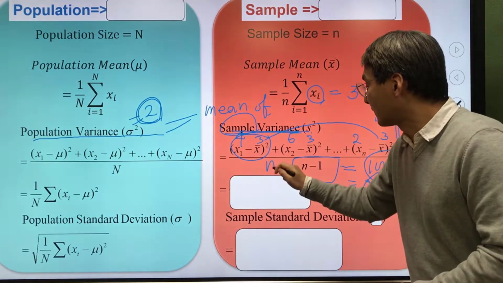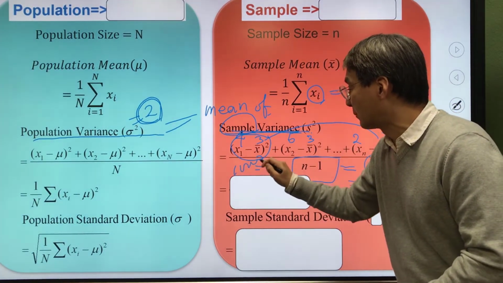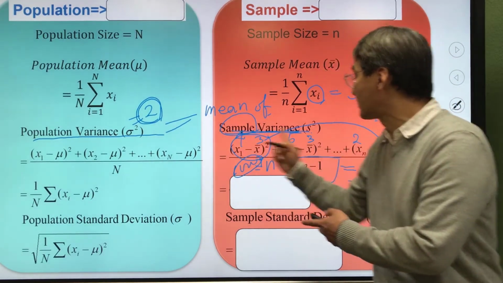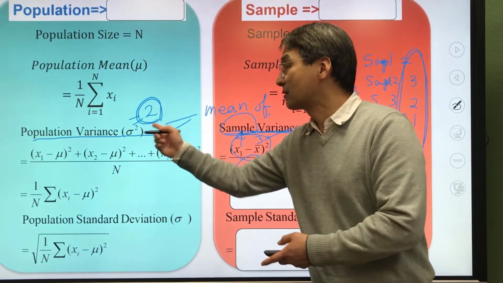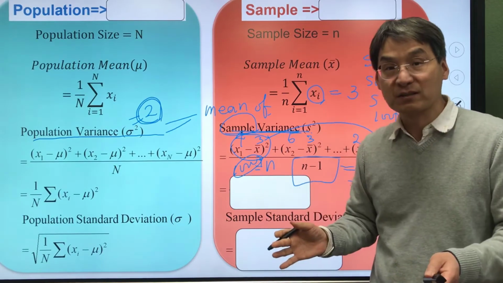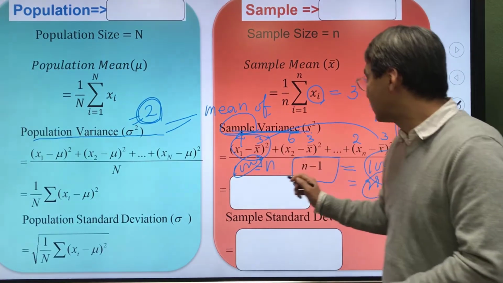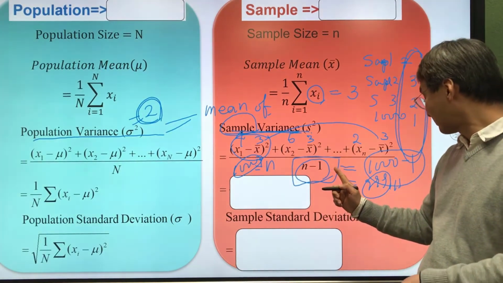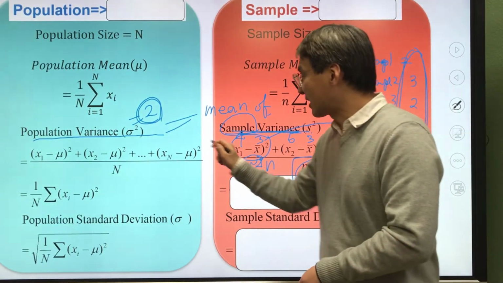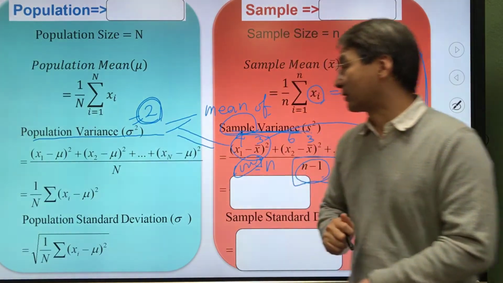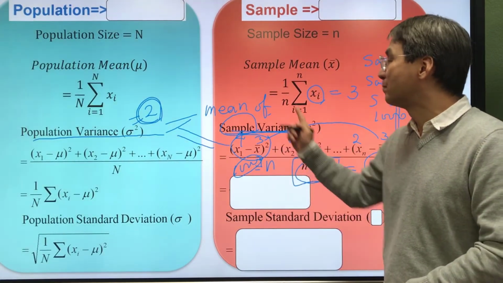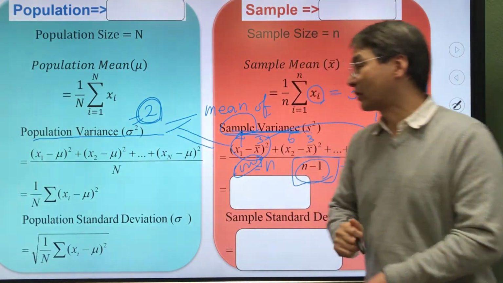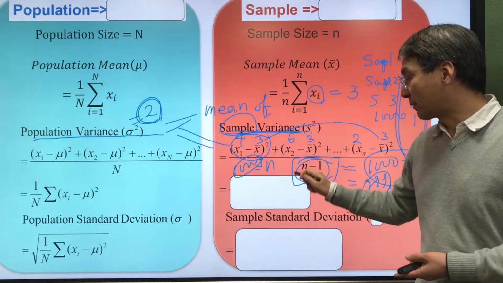When we divide by n, or 1,000 for this example, the mean of sample variance is not equal to the population variance. There is a mathematical derivation. When this denominator is n minus 1, or 999, then it is exactly the same as the population variance. The mean of sample variance must be the same as the population variance. That's the reason why we should have an n minus 1.